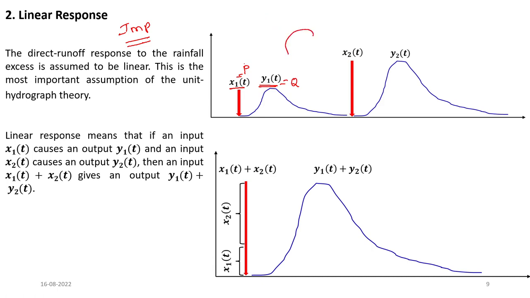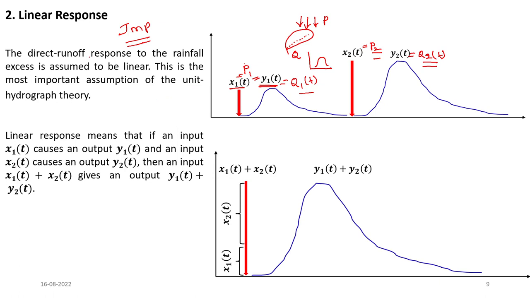I already showed the catchment here. Similarly, you have given P2, this is P1, which resulted in Q2(t), here Q1(t). So for a different excess rainfall depth, the response from the catchment will be different.